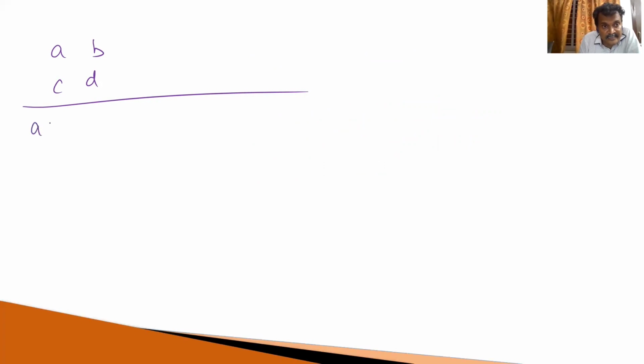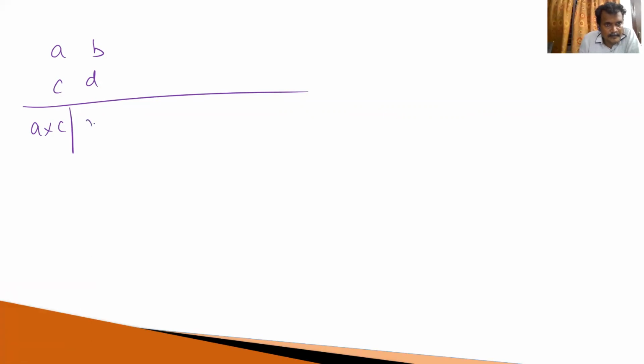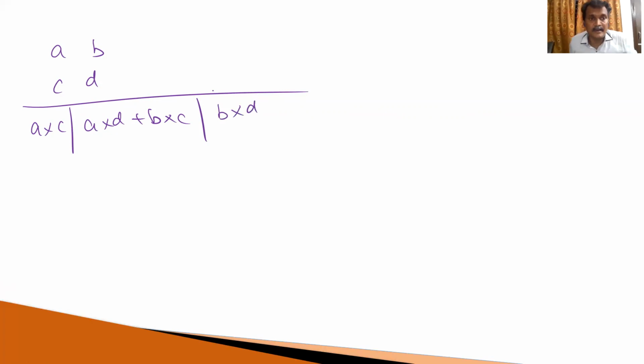Vertically, that is A into C. Crosswise, that is A into D plus B into C. And again vertically, that is B into D. Nothing to worry, I will explain how to solve two-digit by two-digit multiplication.